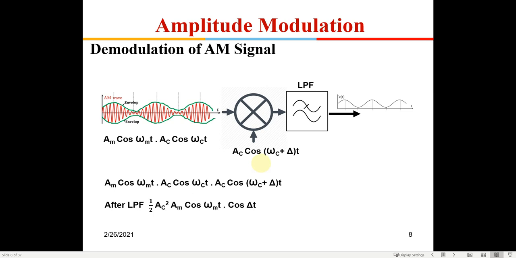Even if you have tuned it, it cannot be perfect, it will keep changing. So the difference between the transmitter and receiver local oscillators, or the carrier signals, will continuously generate noise as cos delta t along with the modulating signal after the LPF. So this is not an ideal situation. I will not transmit this signal, I will transmit something else.